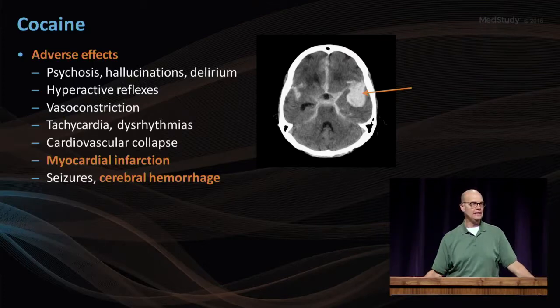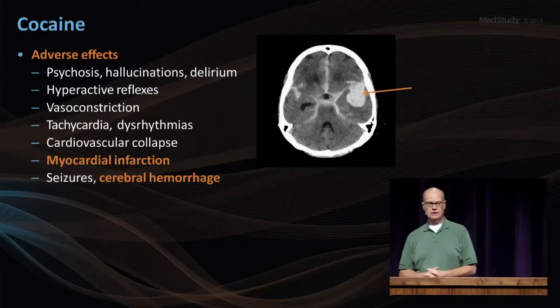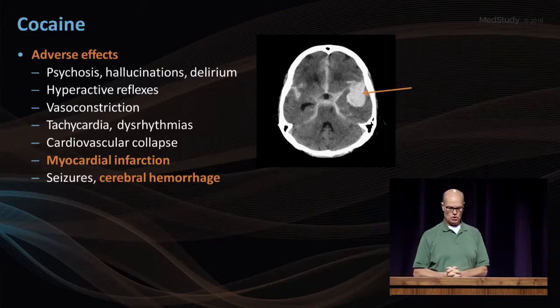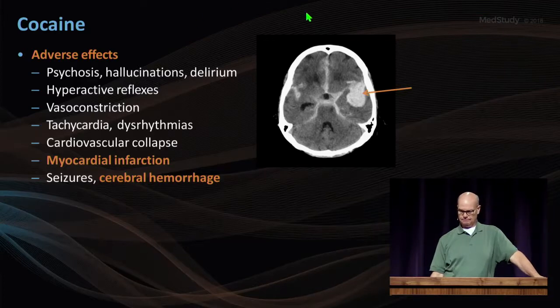So certainly any adolescent or young adult who presents to the ED with an MI, assuming they don't have a structural defect to their heart, may very well have been abusing cocaine, and the vasoconstrictive properties of this can cause significant cardiovascular and significant neurologic complications.